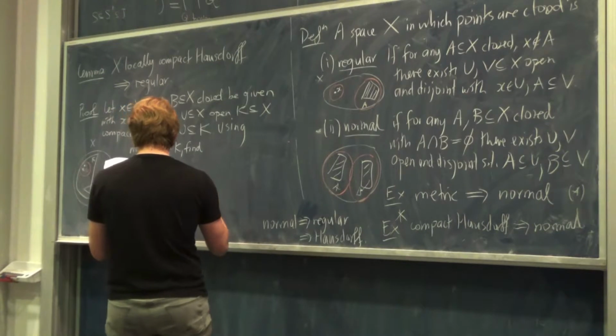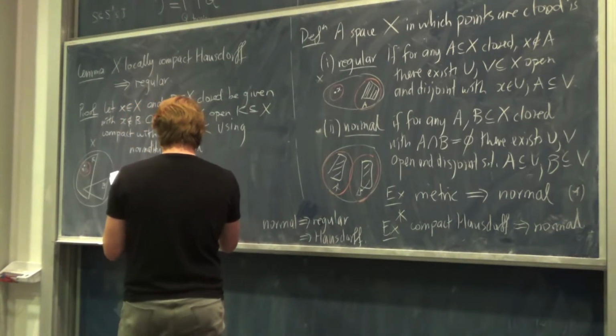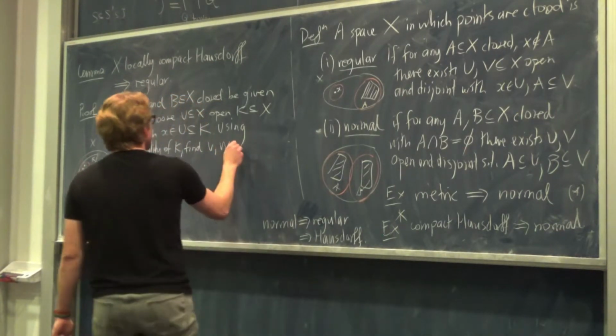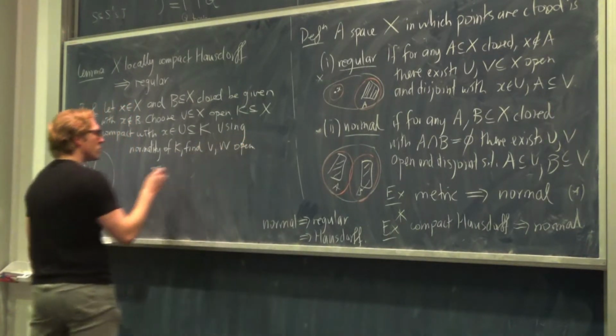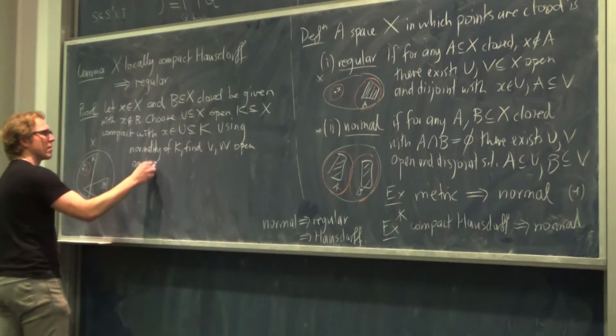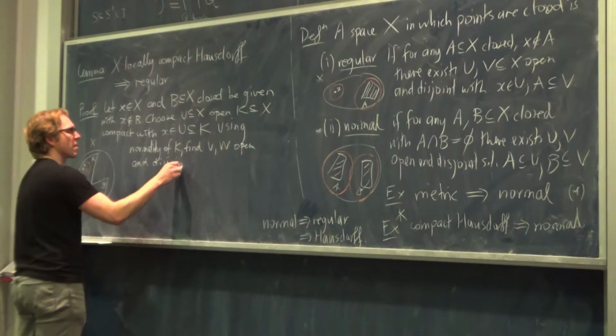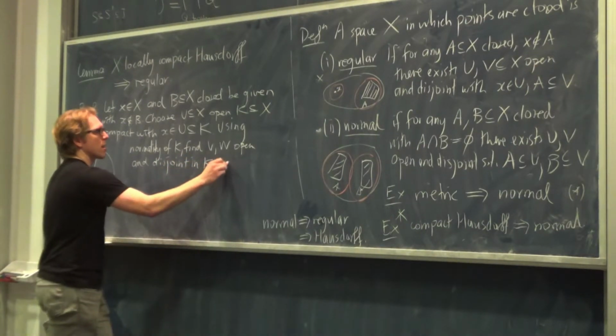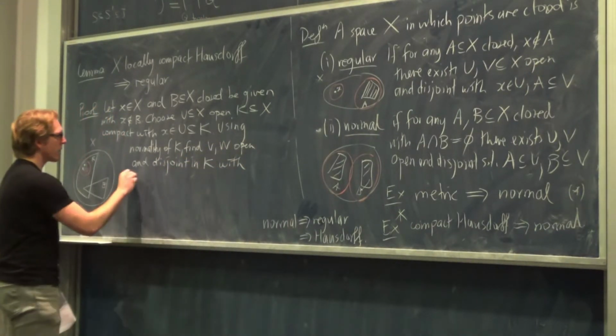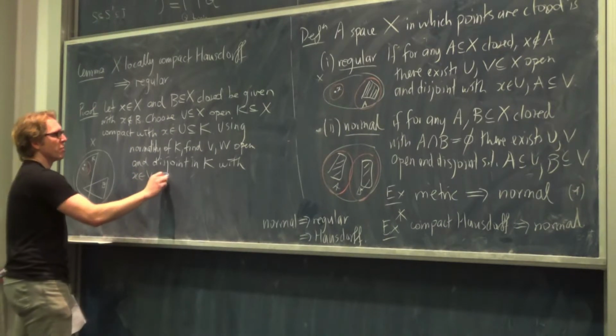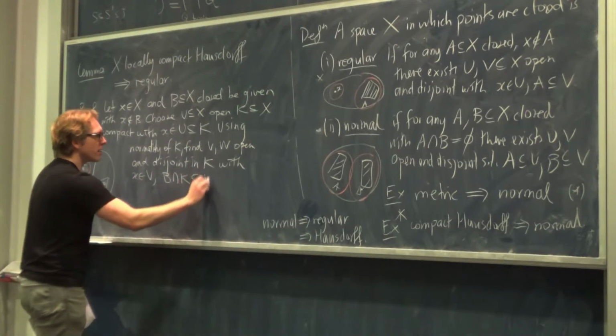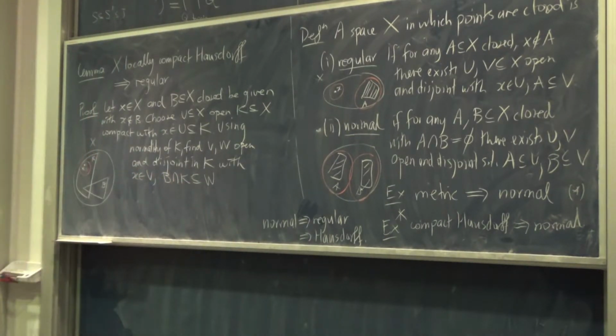I'm calling it V, V and W, open and disjoint in K, with X in V and B intersect K contained in W. All right, that's just what normality gives me. Well, I mean, it's regularity, I guess, but we know compact Hausdorff implies normal and therefore regular.